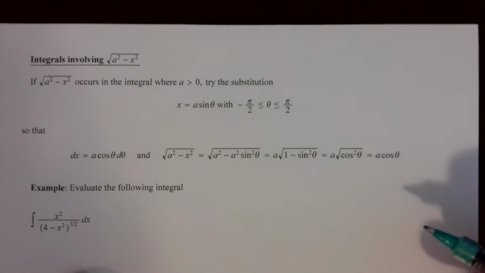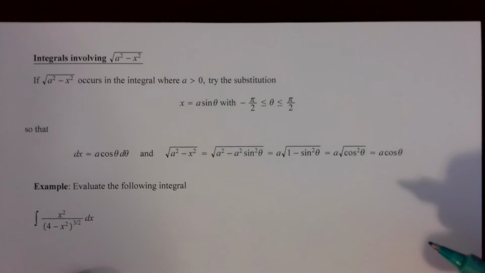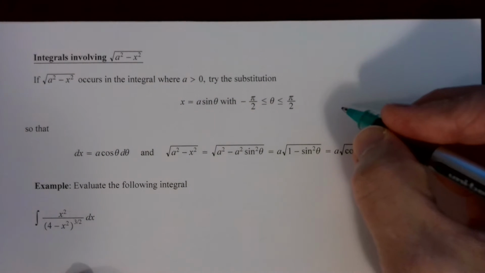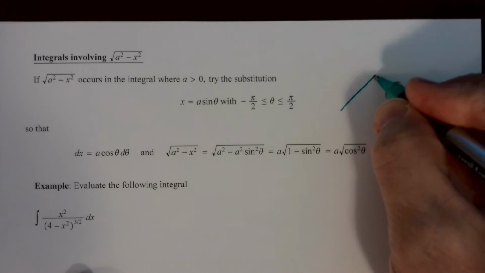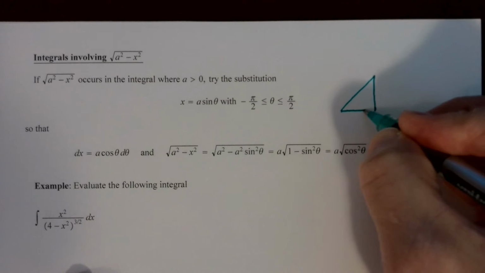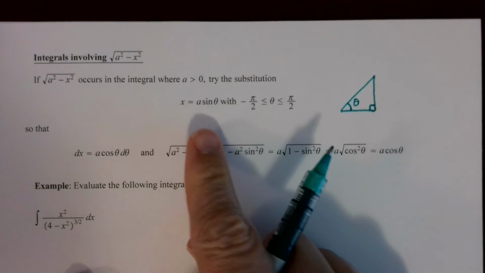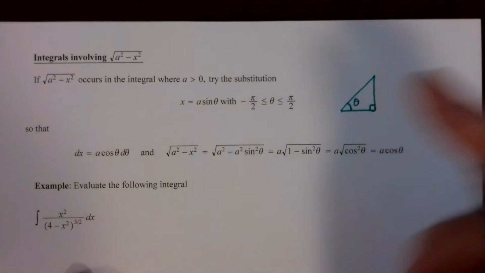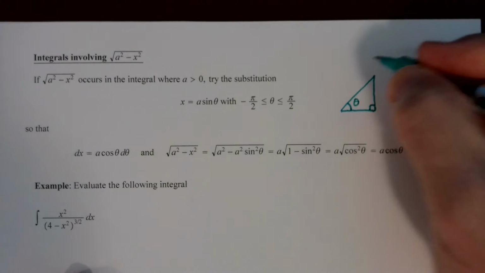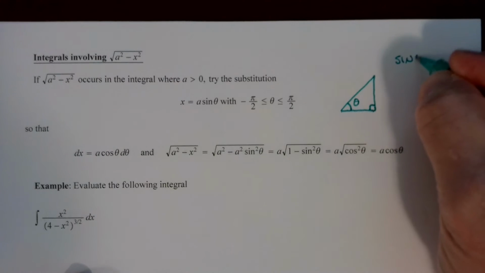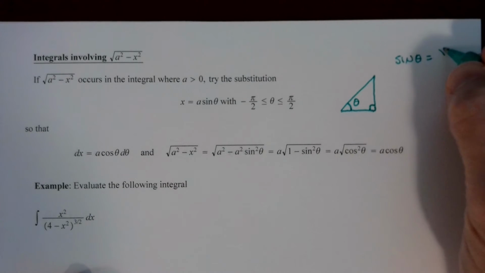You can also, again, draw that right triangle to get that relationship. If I draw that right triangle with this being theta, and x is a sine theta, that means, of course, that sine theta is x divided by a.